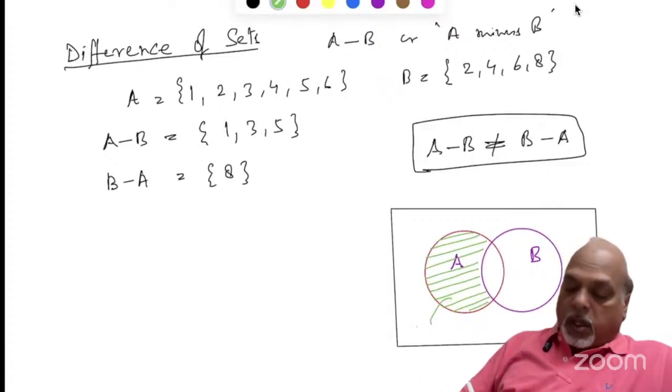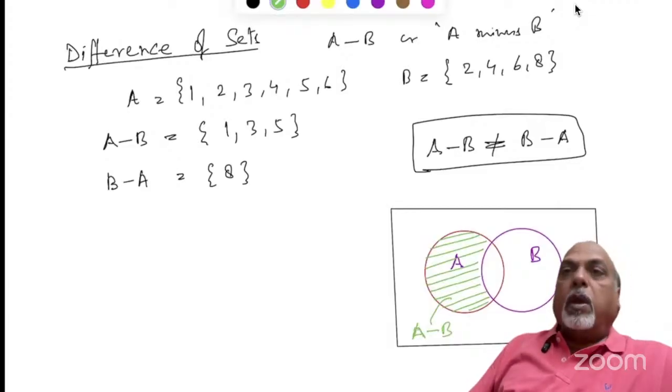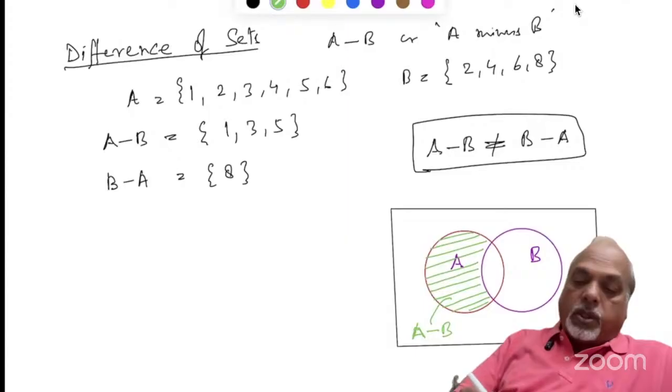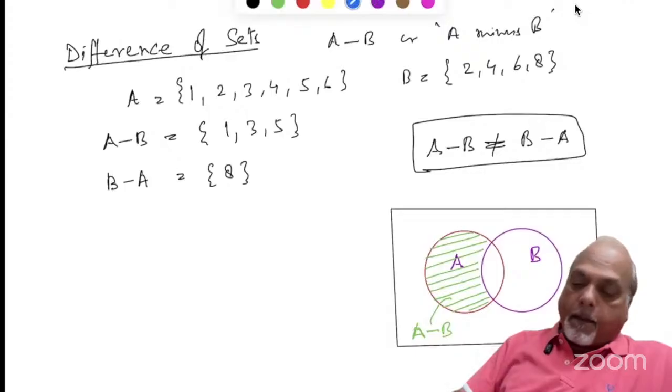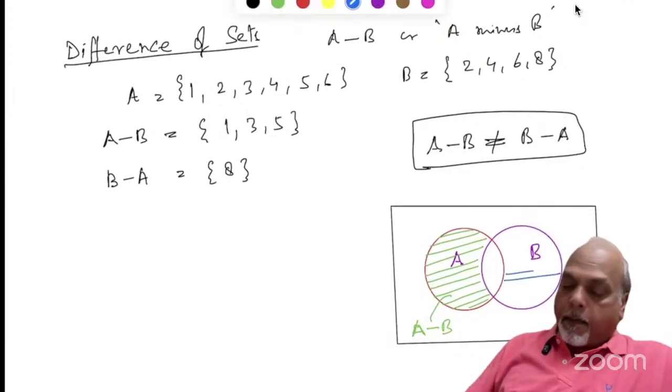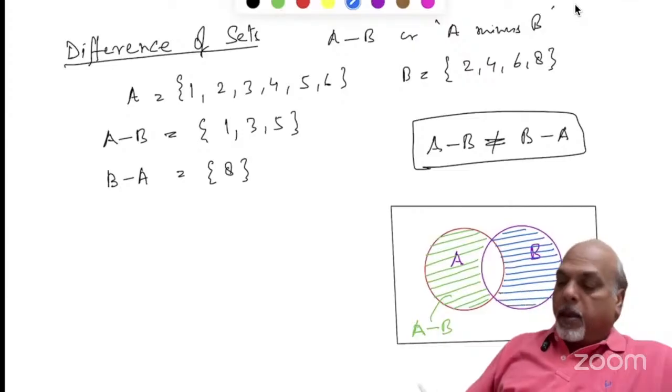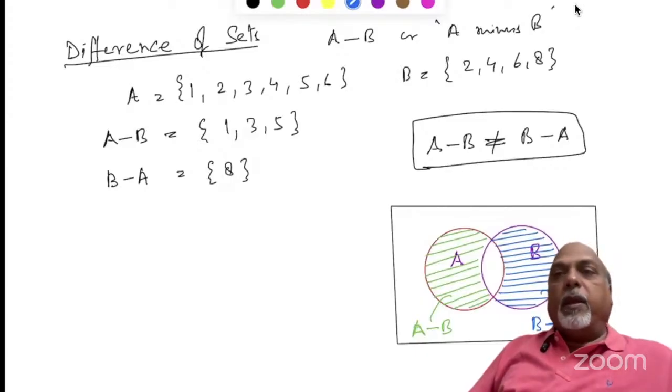This is your A minus B. Okay? And if you shade this, then what is this portion? This portion is B minus A. Correct?